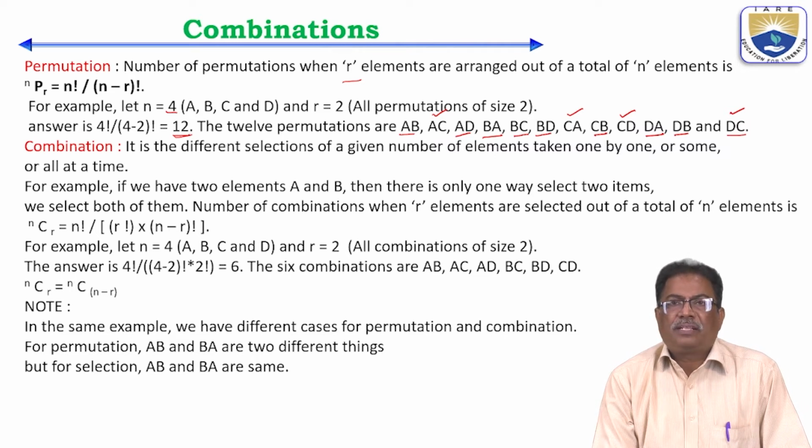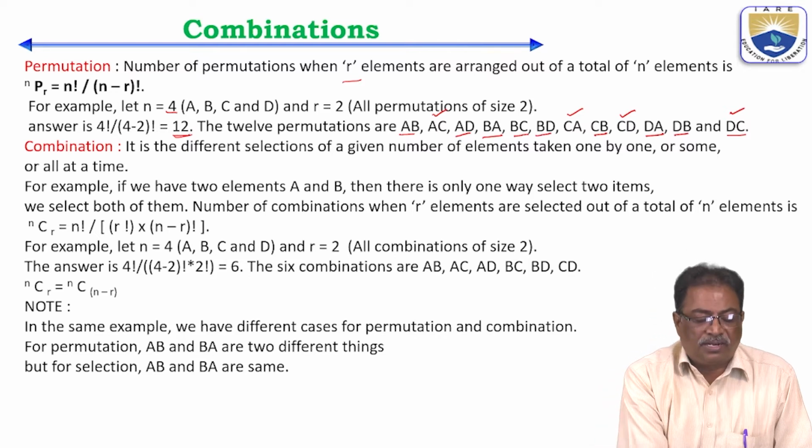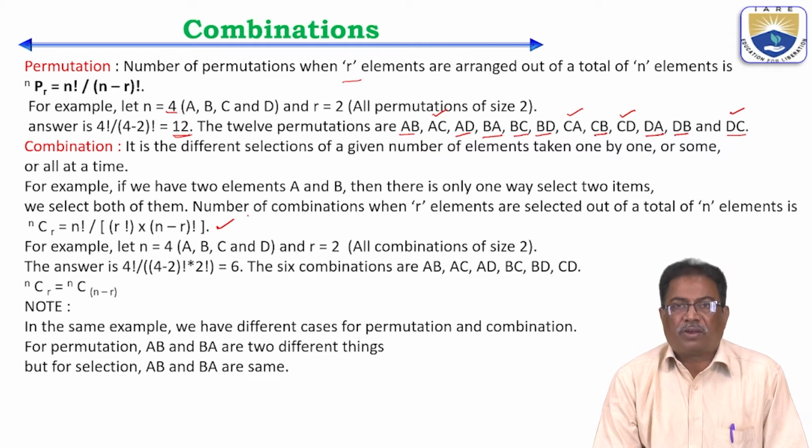Either we select A first and B next, or B first and A next, so both we combine as only one. The number of combinations when r elements are selected out of n elements is nCr, that is n factorial by r factorial into (n minus r) factorial.